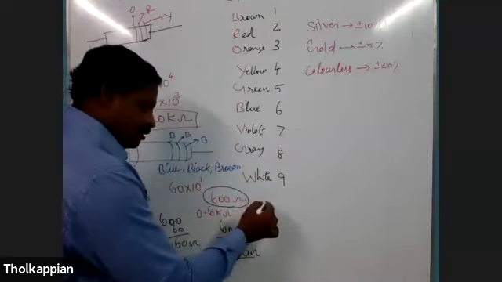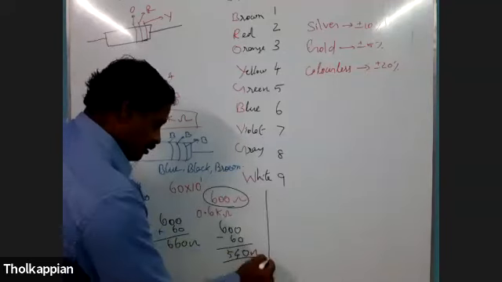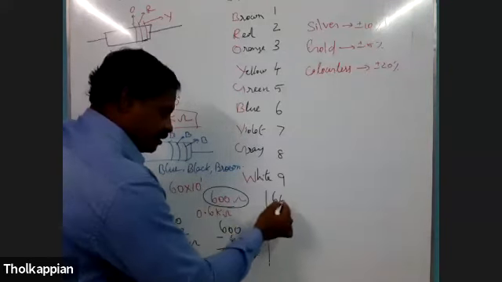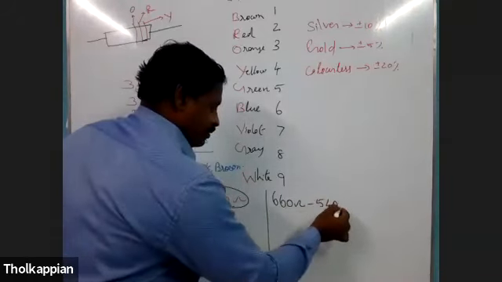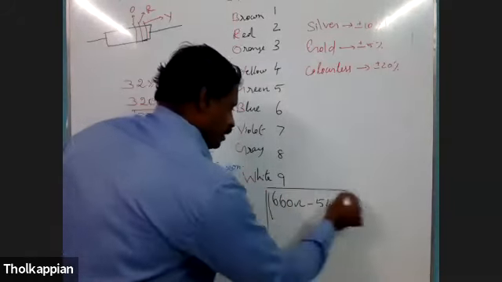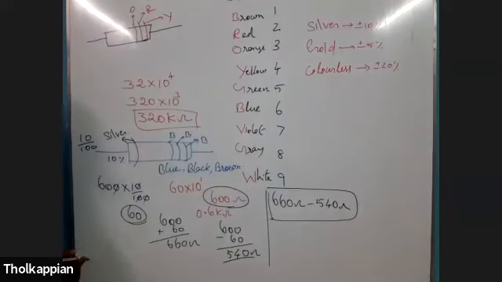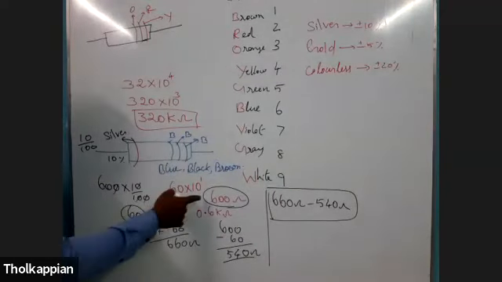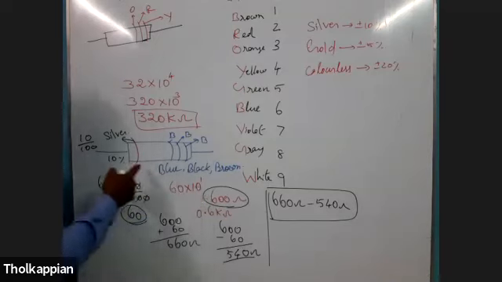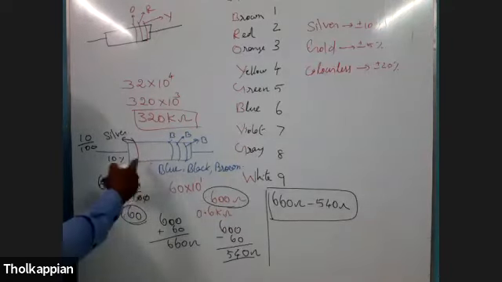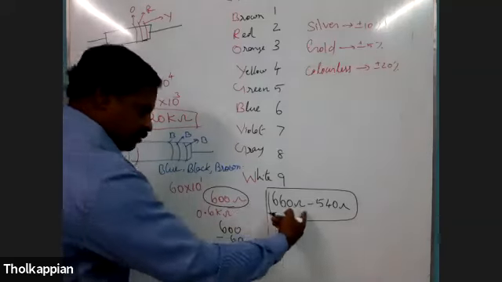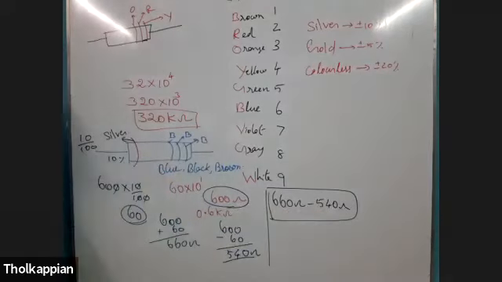This resistance can be operated within 660 ohms to 540 ohms. This is the range of the resistor we can use. But actually you found 600. But if it is silver color, we can use the range 660 to 540 ohms.